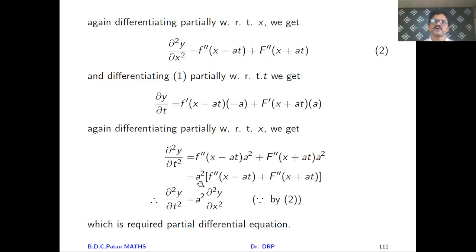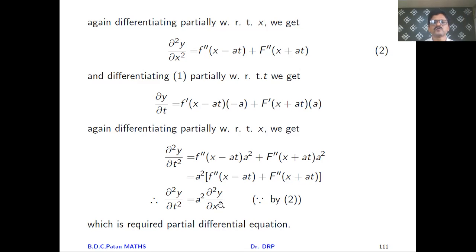So if you have taken a square as common, what is left here in the bracket? F double dash of x minus at plus capital F double dash of x plus at. But by the help of equation 2, if you observe small f double dash of x minus at plus capital F double dash of x plus at, the value of this expression is delta 2y by delta x square. So you substitute the value of this bracket from equation 2 as delta 2y by delta x square.